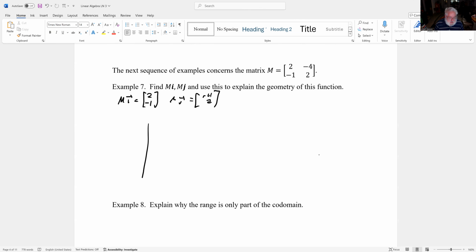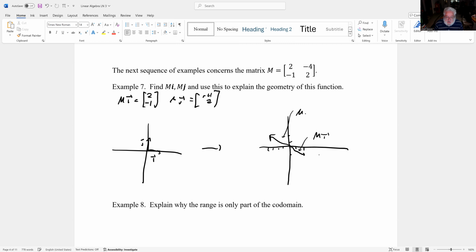So the function takes i and j, those two, and turns them into 2 minus 1, and that's m sub i, and minus 4, 2. That's m sub j, right?